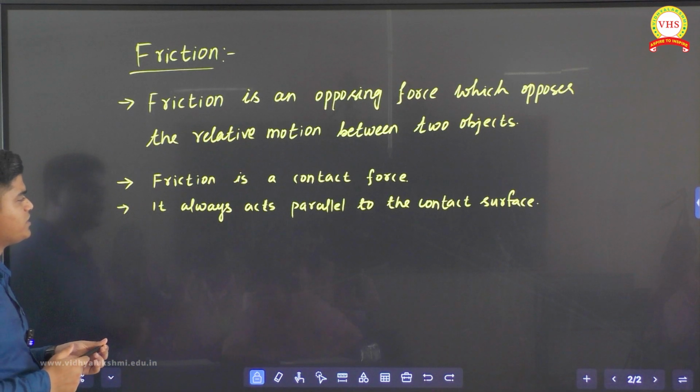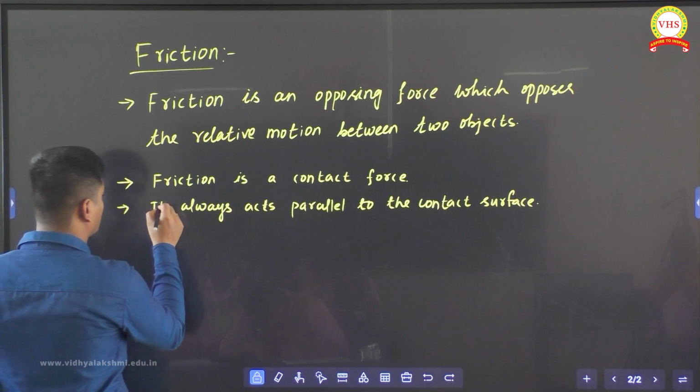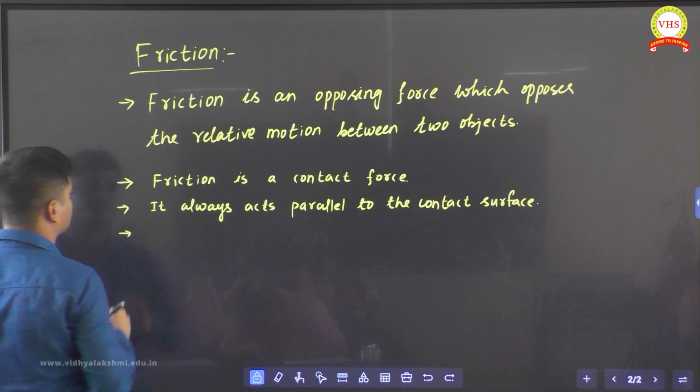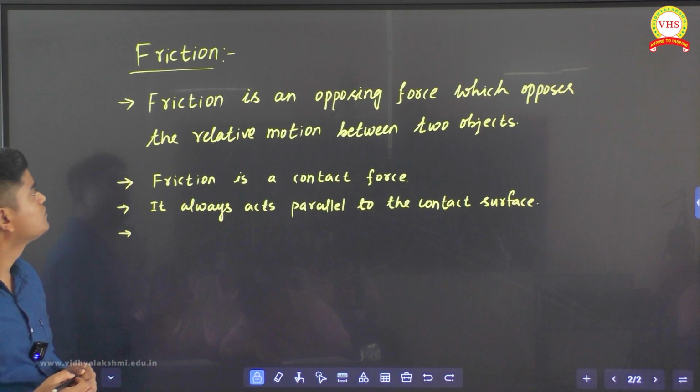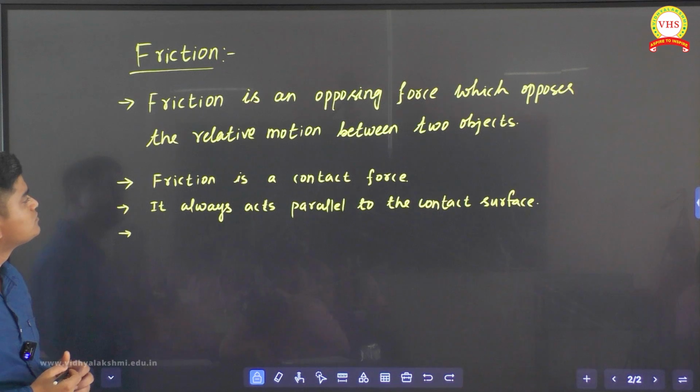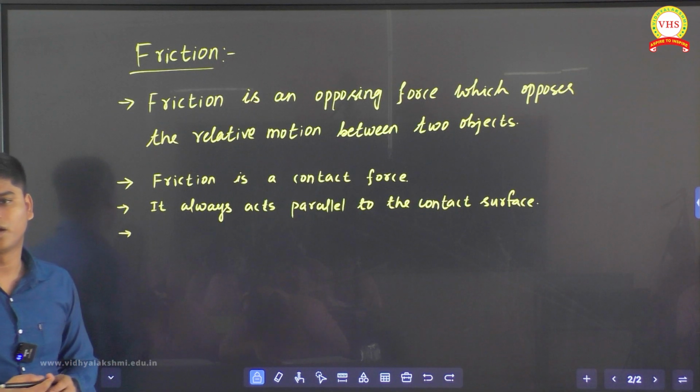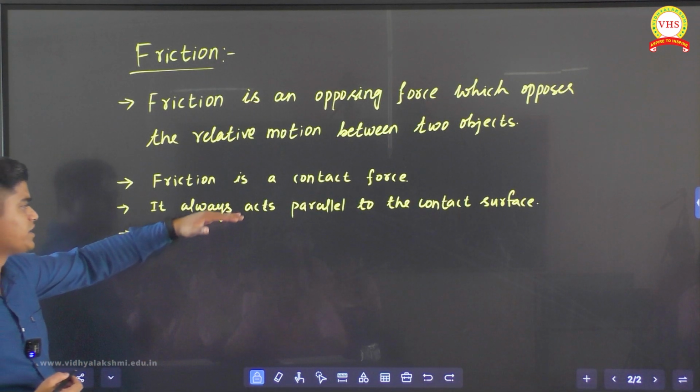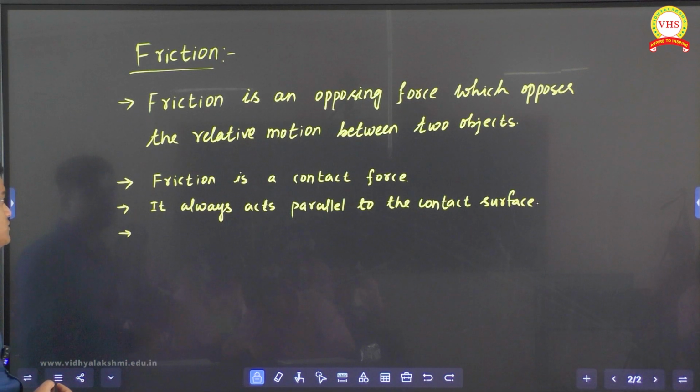Okay. So in the illustration I'll show you how it is acting.